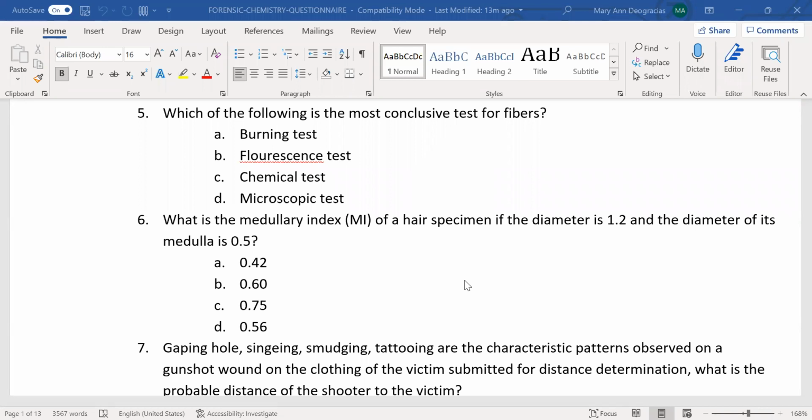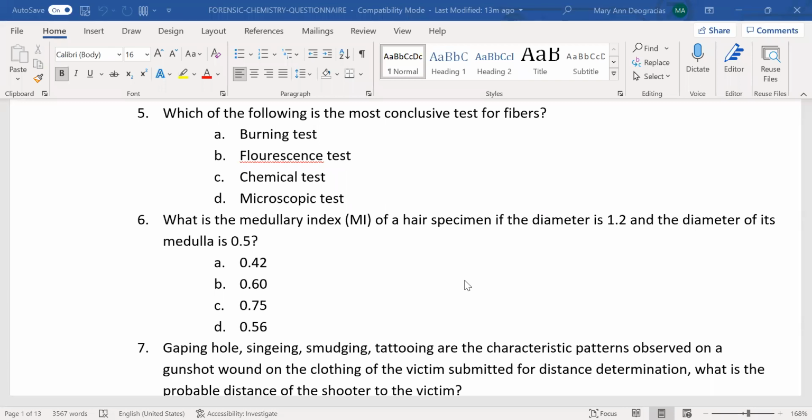So on burning, it will just tell us whether it is animal or vegetable fiber, and then the other one is mineral fiber. Ayan. So ang fluorescence test, ganun din, it will also determine the general group of the fiber. Ang chemical, ganun din, it's the general group. So the general classification, yung ABC, while the microscopic test, it can specifically give the characteristics of the different kinds of fibers.